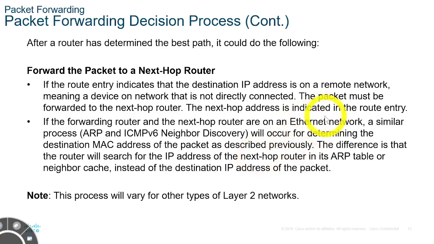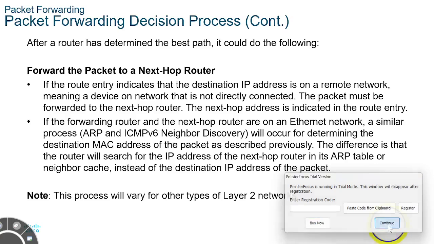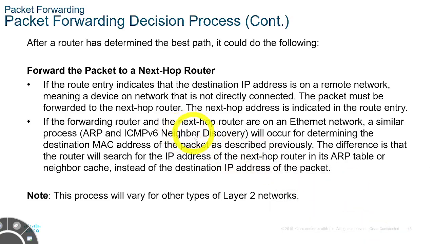If it's directly connected, I mean from the router to the LAN immediately, with no router in the middle, we will use ARP and ICMP to learn the MAC address to forward this packet to the LAN. The difference is that the router will search for the IP address of the next router in its ARP table or neighbor cache instead of the destination IP address of the packet.